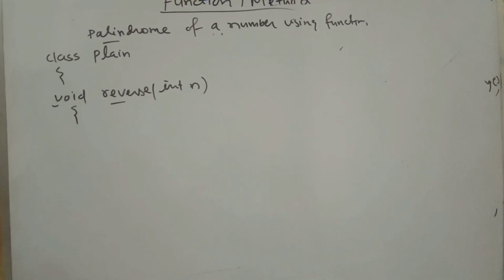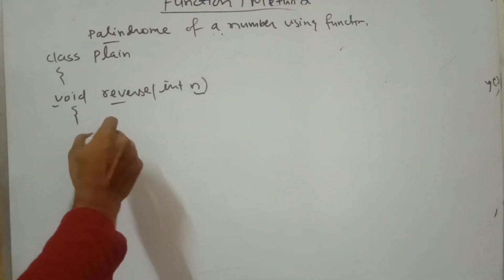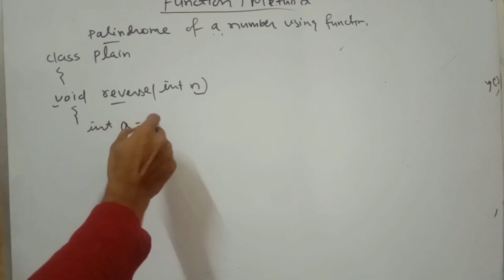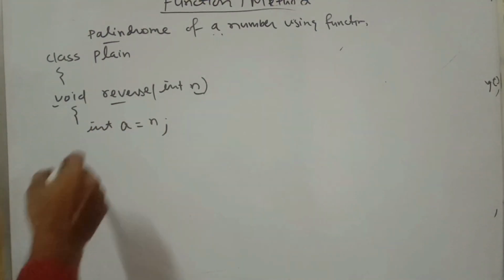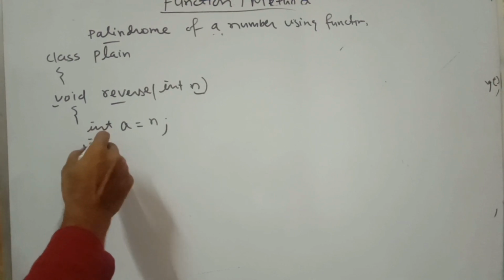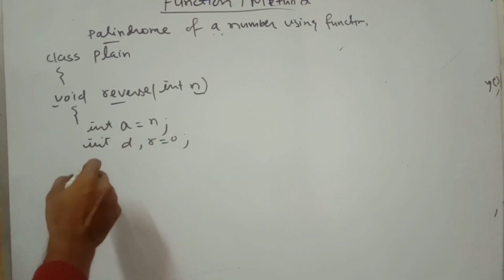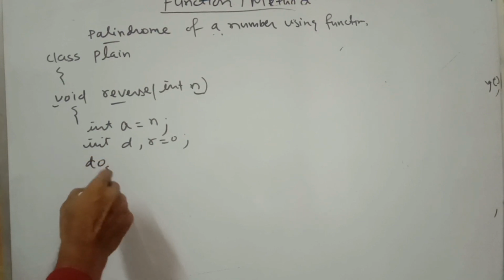So this n we consider stored in another variable, let a equal to n. Now after that also consider int d and r equal to 0. Now we create the loop for reversing the number.